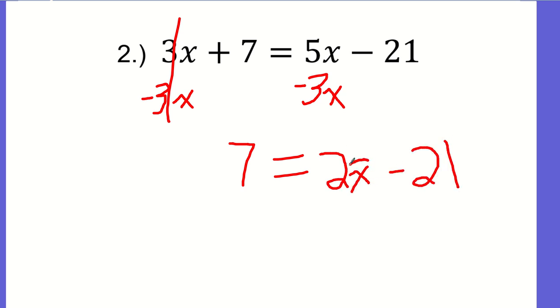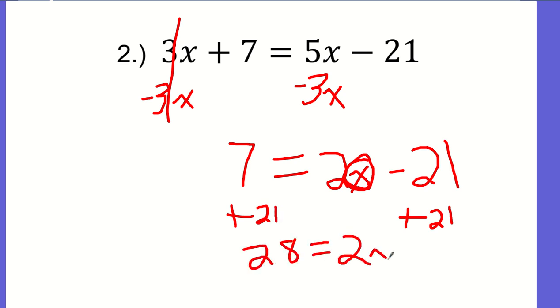Now we want to get x by itself on the right side. We start by getting the minus 21 away from x. So doing the opposite is adding 21 to both sides, and so that makes it a 28 over here, and that leaves 2x over here.